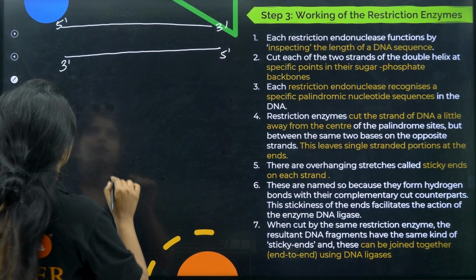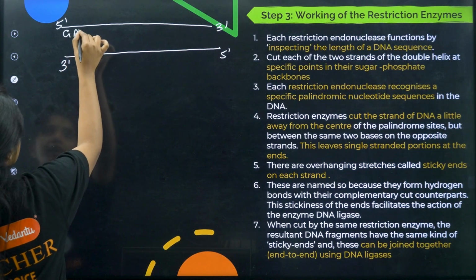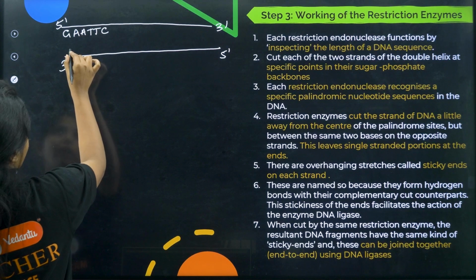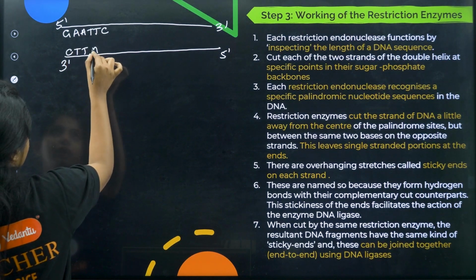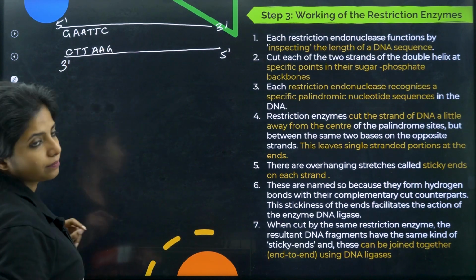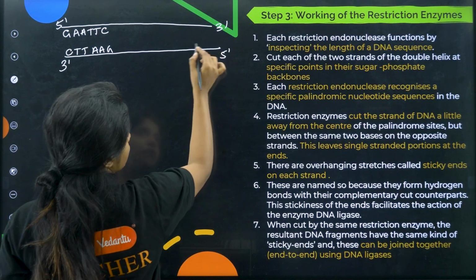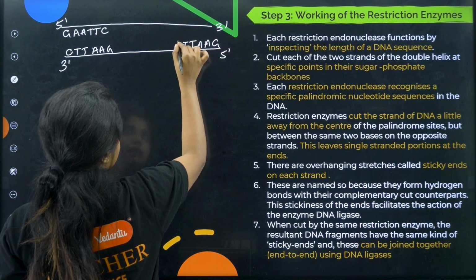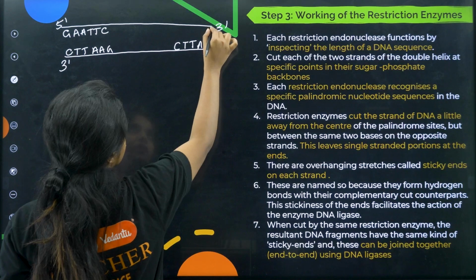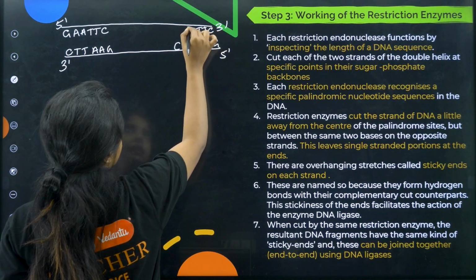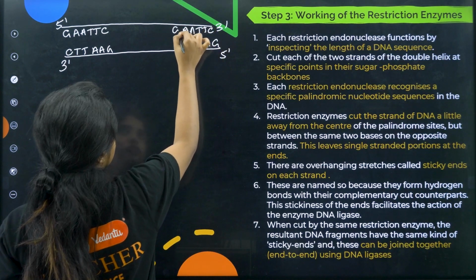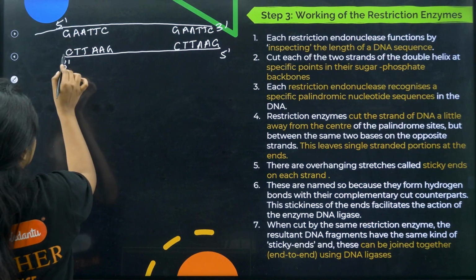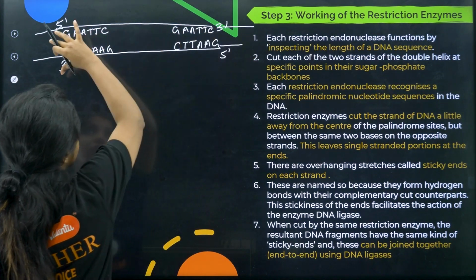Here I have GAATTC, so here I will have CTTAAG. Similarly, 5' to 3', I have GAATTC, and here I will have CTTAAG. Aren't they complementary? They are complementary. Now this is a part of a DNA. You have more to it, but I want this particular sequence only.